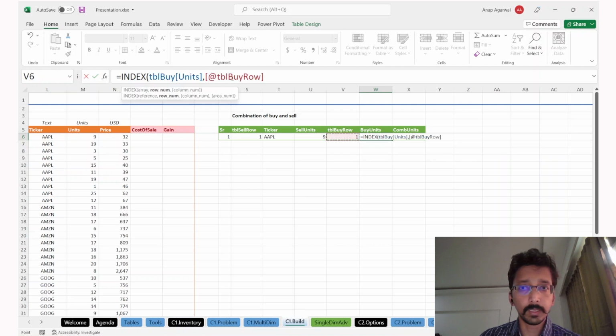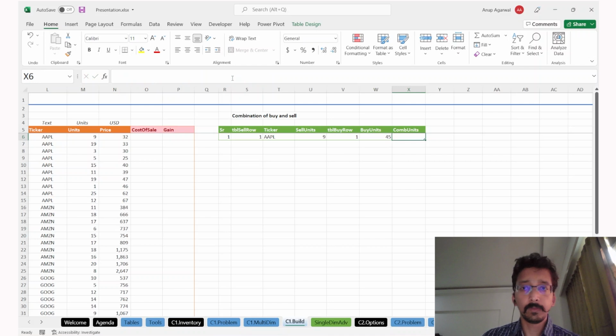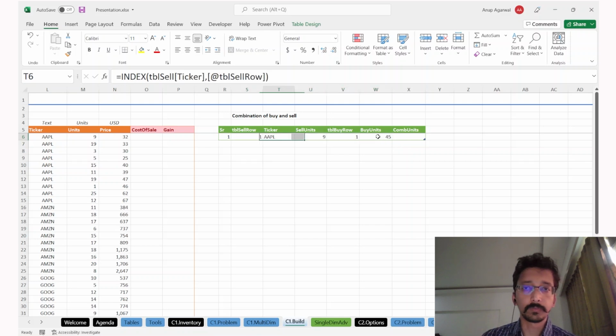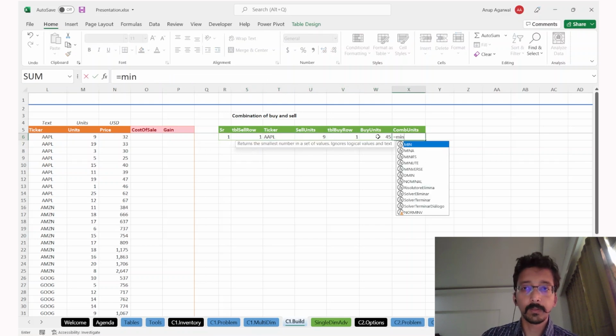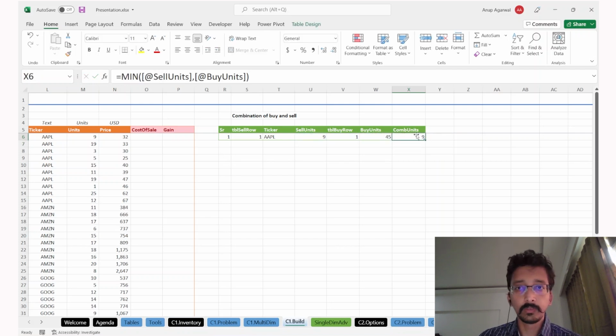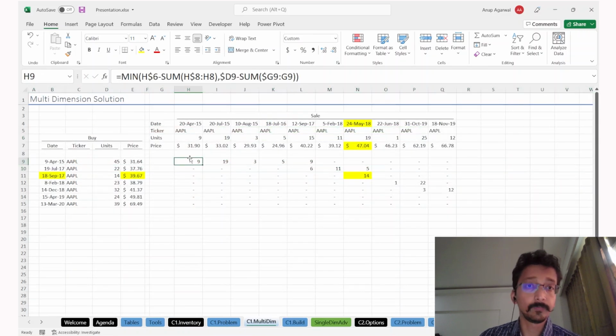So table by row. So all these 45. And so on this transaction, which is the first row of buy and the first row of sell, 9 and 45, the matched units are the smaller of the two. So this 9. So this 9 really means this 9.